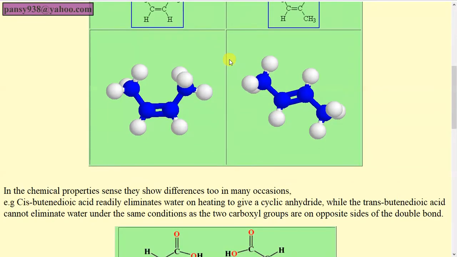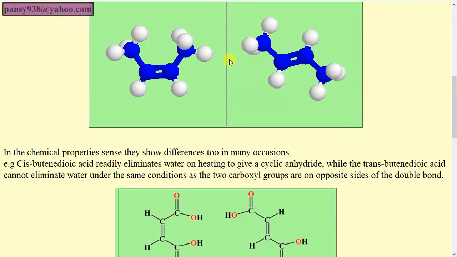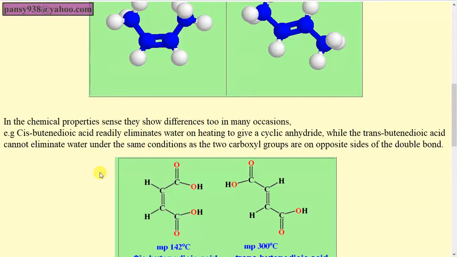Moreover, in many cases there is also a difference in their chemical characters. For example, here is cis-butenedioic acid and its trans isomer, trans-butenedioic acid. The cis-butenedioic acid readily eliminates water on heating, giving a cyclic anhydride.